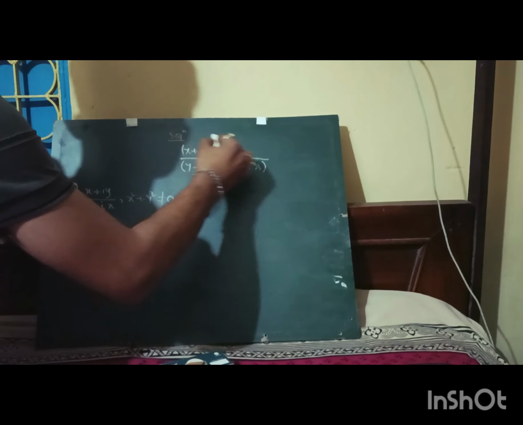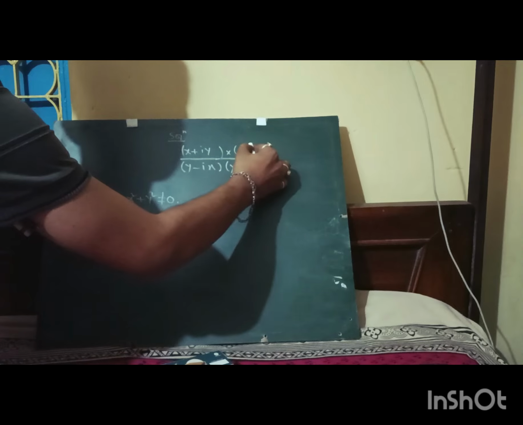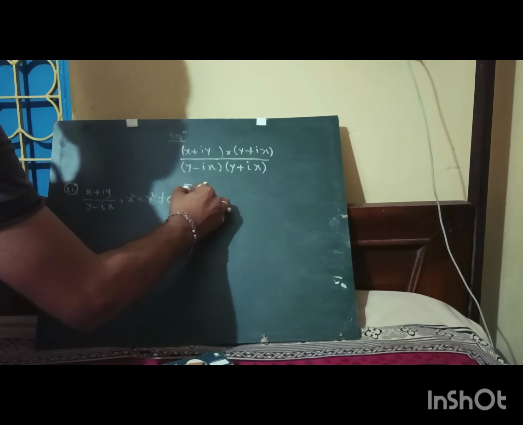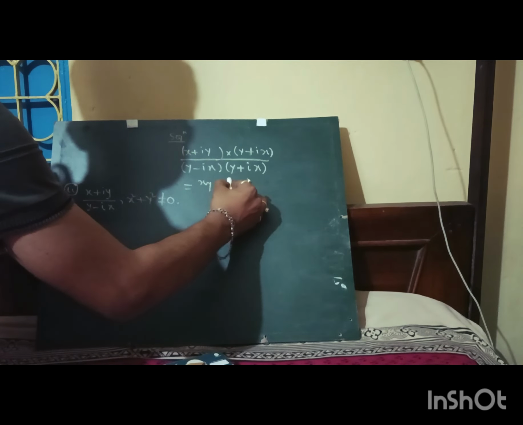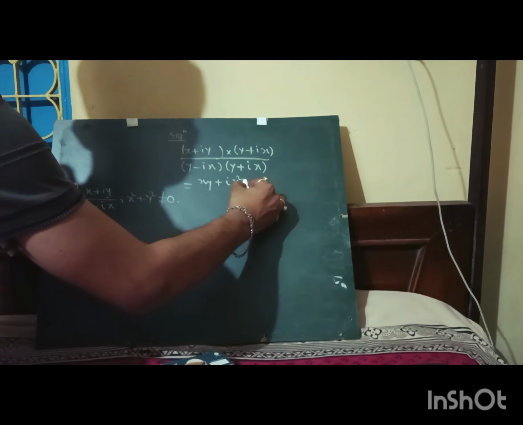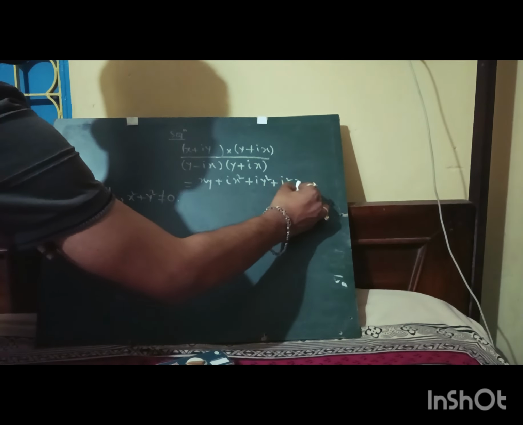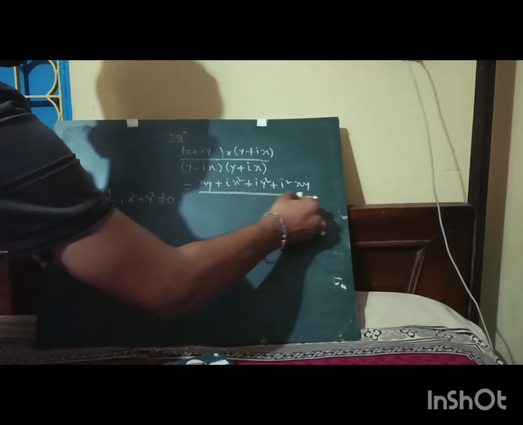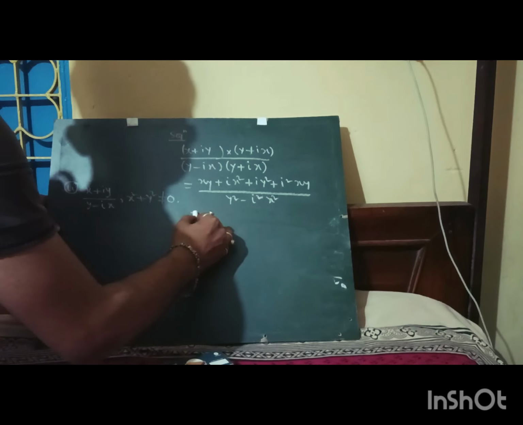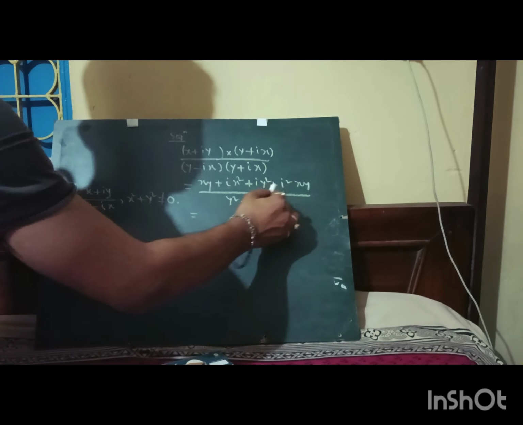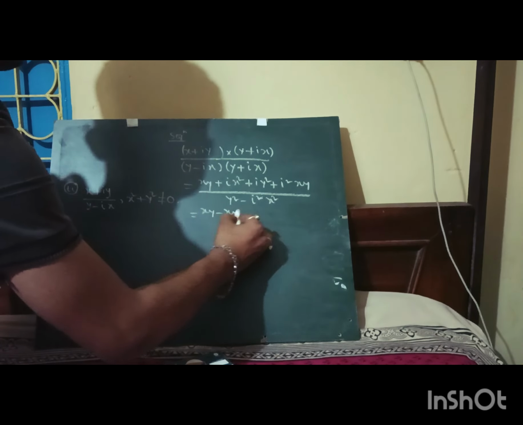That means we multiply the numerator by y plus ix too. So the result will be xy plus ix squared plus iy squared plus i squared xy, by y squared minus i squared x squared.